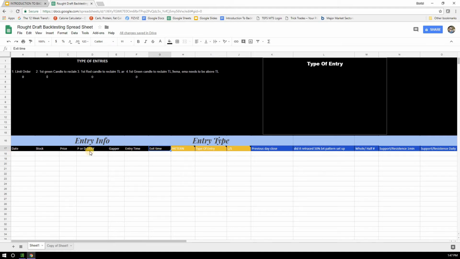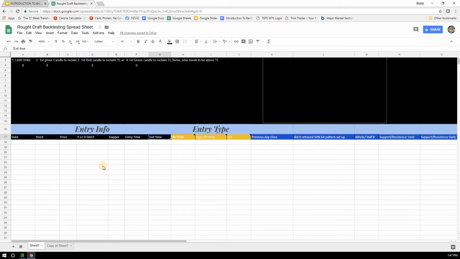Once again, this is just in case you guys want to go back and do some of your back test. Once you start learning more and come up with different ideas, it's going to be easier for you to go back and find a stock, the exact time that you took the trade, and the exit, and the price, and all of that, the date. So that makes it easier.